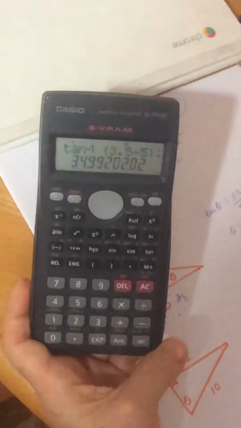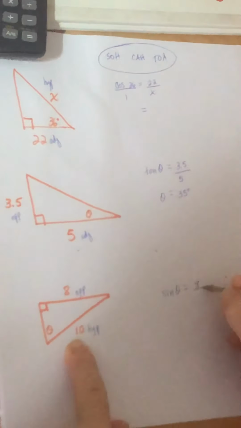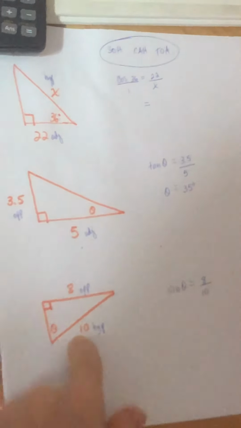All right, one more. They're asking for angle theta. In relationship to this angle, this side would be called opposite, and this is the hypotenuse. Let's go back up here. Opposite hypotenuse is the sine. So I'm going to the sine of theta equals opposite over hypotenuse.